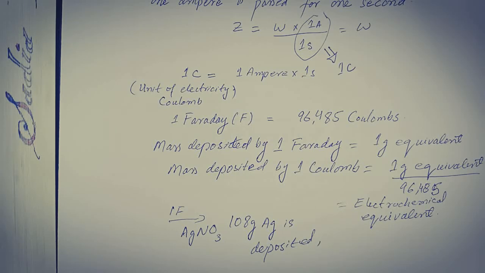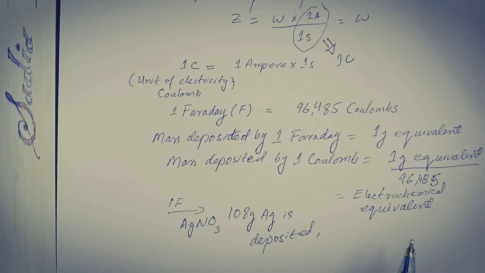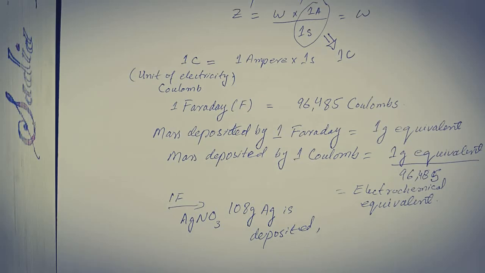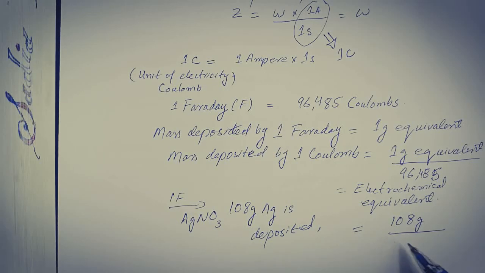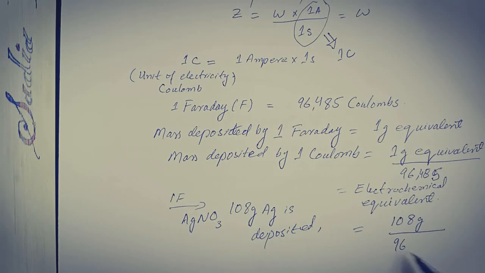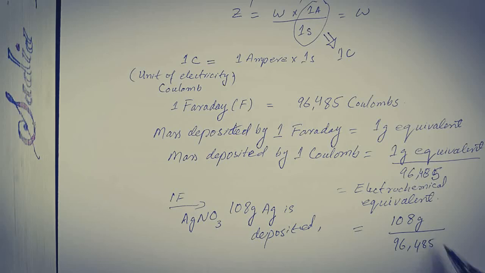So how can we calculate the gram equivalent or the electrochemical equivalent of silver? For this calculation we have to divide the gram equivalent that has been generated by the Faraday unit 96485, which must be equal to 0.001 nearly.